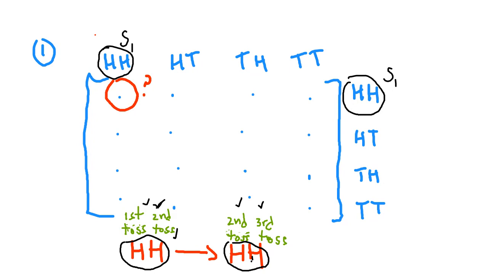With what probability does that happen? You flip the coin twice, you get heads on both those tosses. Now you flip the coin again, and you get a head on the third toss. What's the probability of getting a head on the third toss of the coin? It's a fair coin.